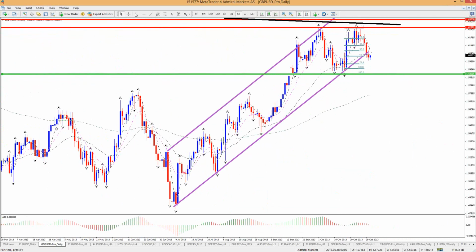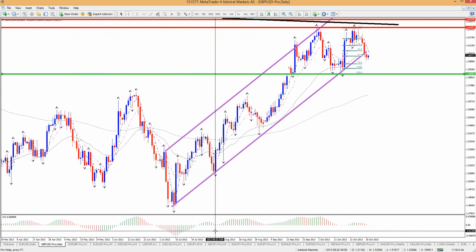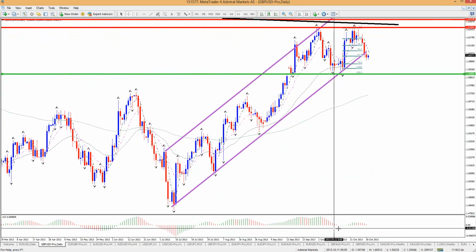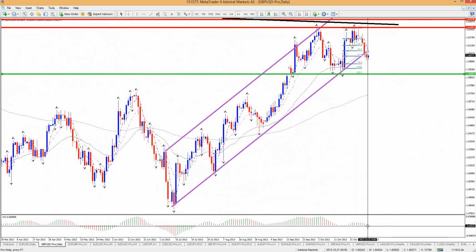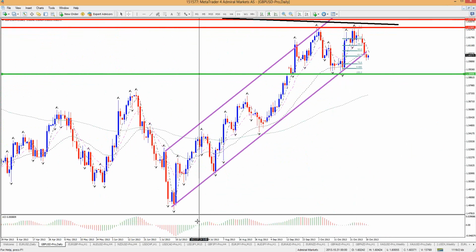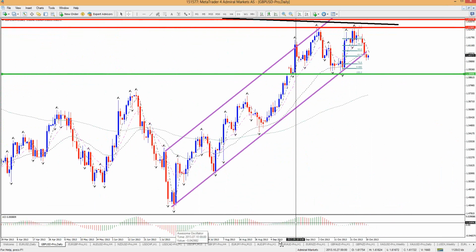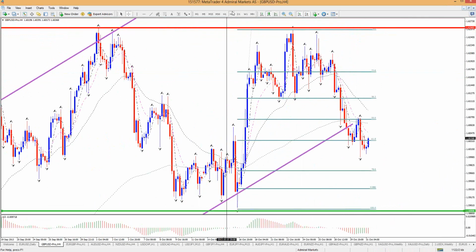What is the oscillator saying? Yeah, it's reaching the zero line. Not giving much information, just bullishness. How about this 4-hour chart?